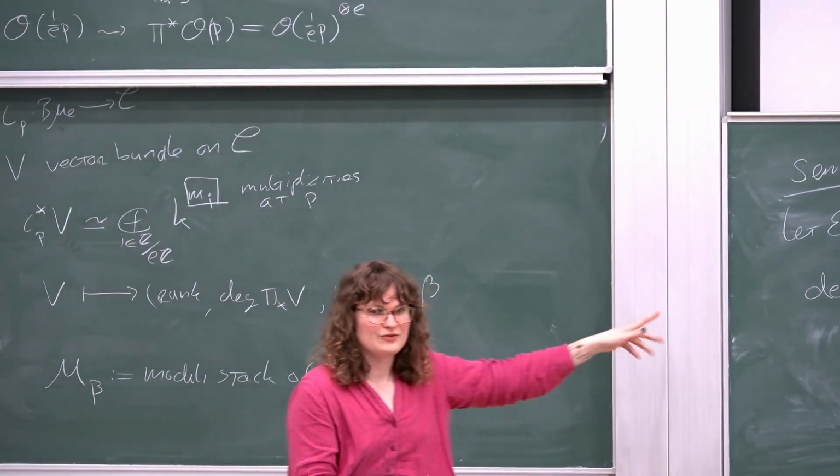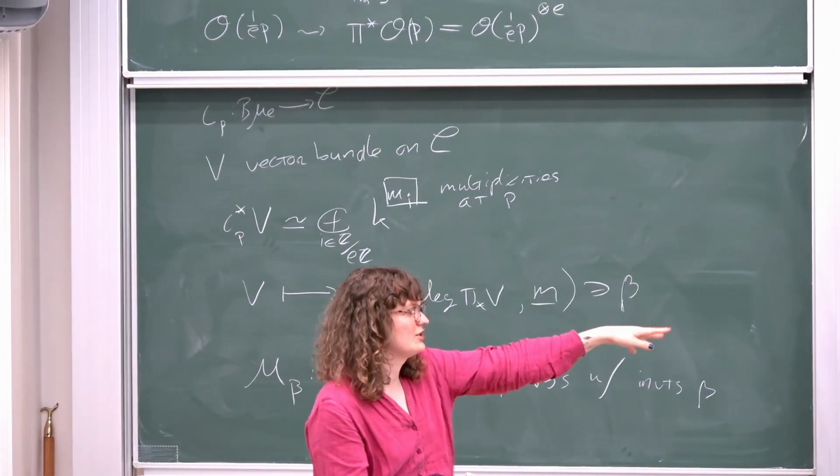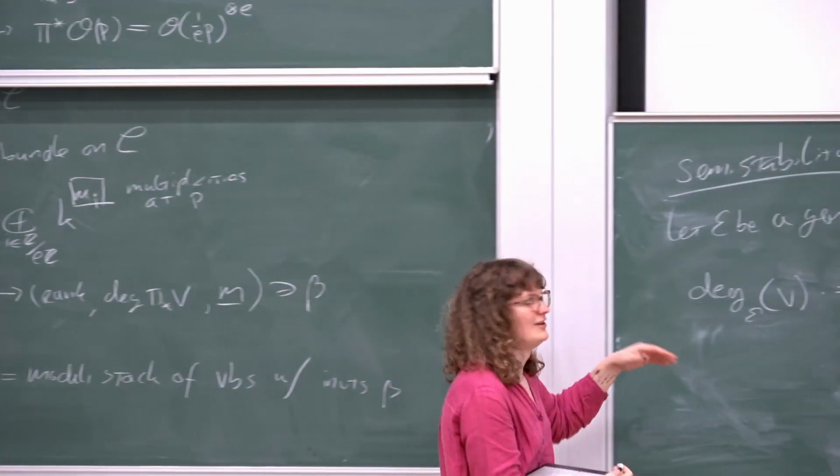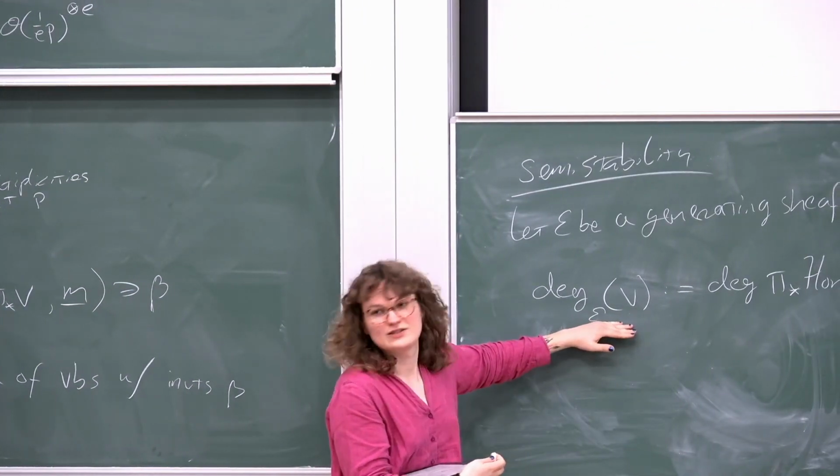The reason this E degree exists is because this is what shows up in the Riemann-Roch theorem. If you try to do Riemann-Roch for stacky curves, you want to put a degree somewhere, this is the thing you should put there.